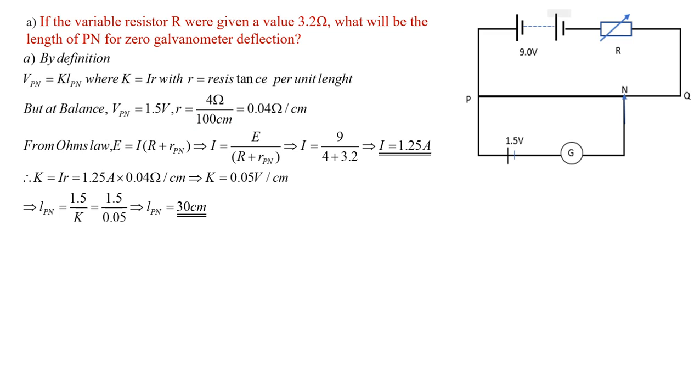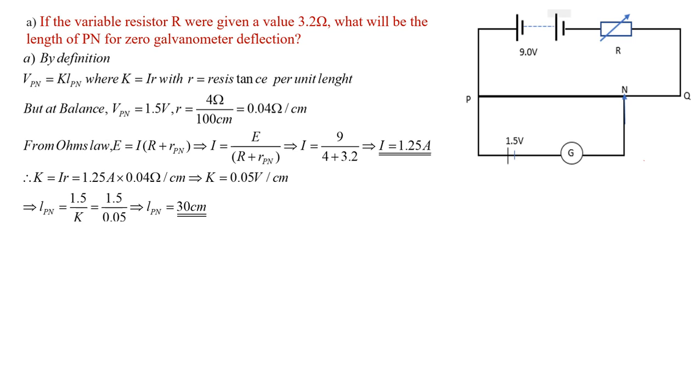The voltage Vpn was given to be 1.5 volts, since we are at balance, so the potential drop across these terminals will be the potential drop across PN at balance, since no current flows through the galvanometer. We want to get the value of the current which flows through our variable resistor.